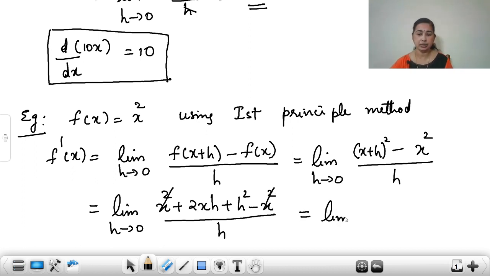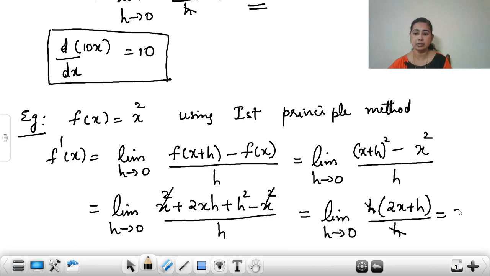Remaining: limit h tends to 0, h is common here, so we take h out. Remaining (2x plus h), whole divided by h. That h can be cancelled, and then we give h tends to 0. h tends to 0 means h is given the value 0, and the answer is 2x.